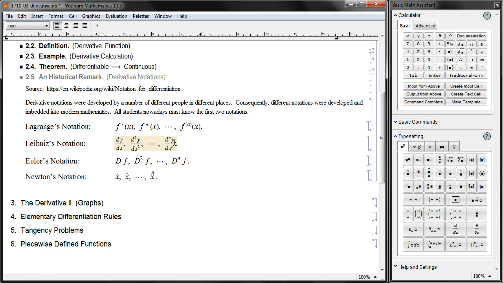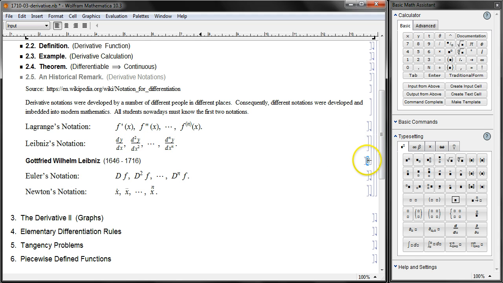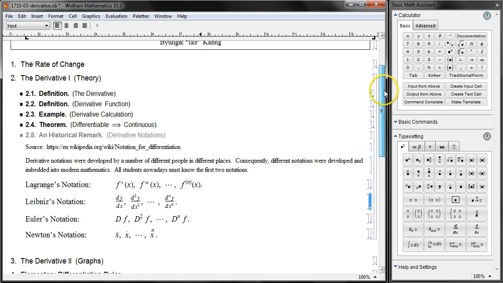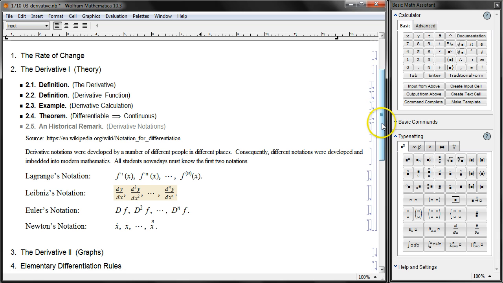And this one is German notation. The derivative, the second derivative, and so on, and it is by Leibniz, this person. And I'm afraid this is more complicated than the previous notation, but there's no way around. This is widely used, and our textbook author uses this one as well, so you gotta know both of these two notations.